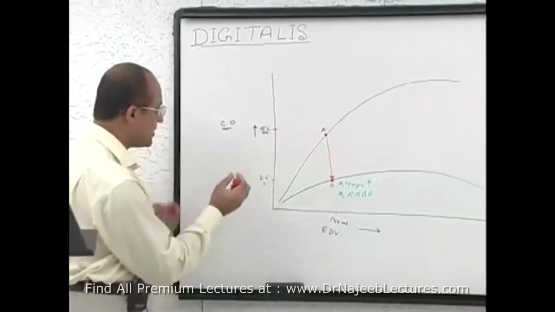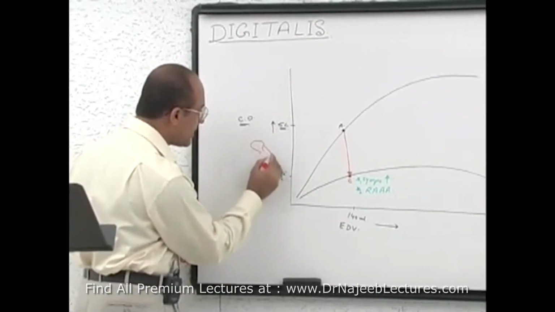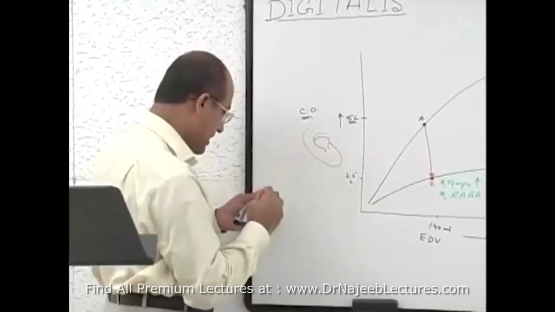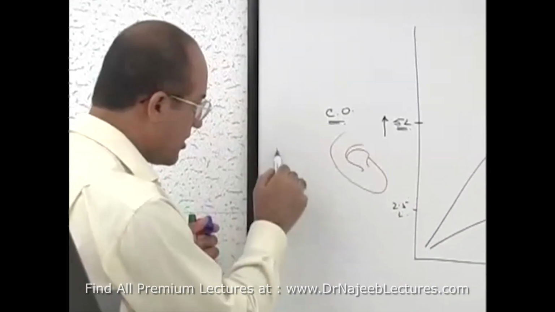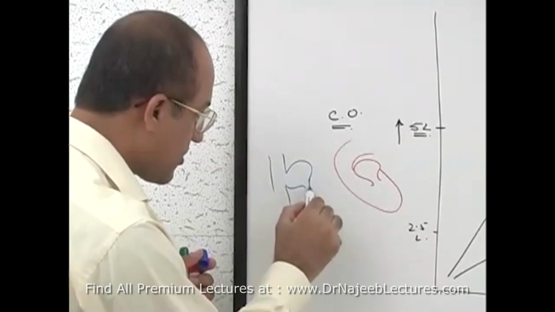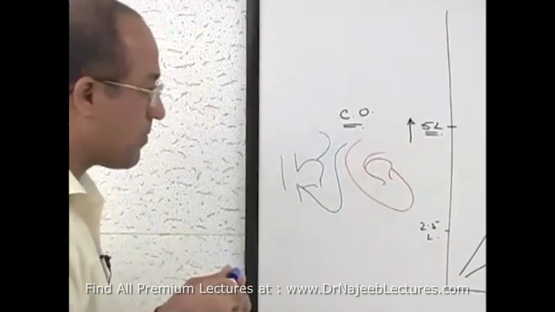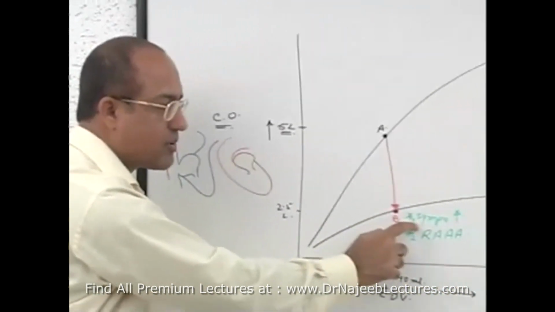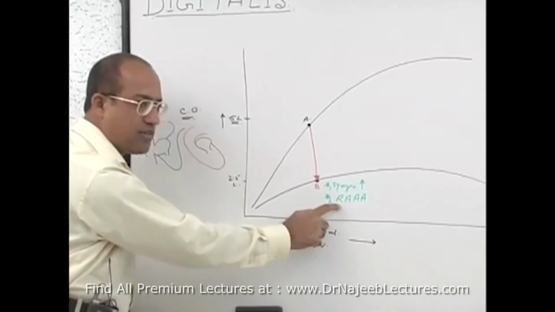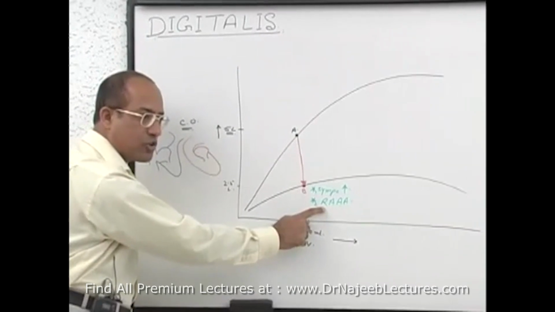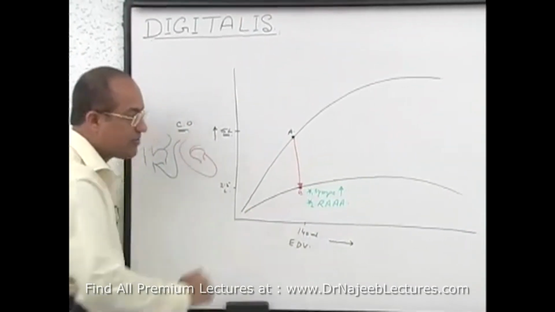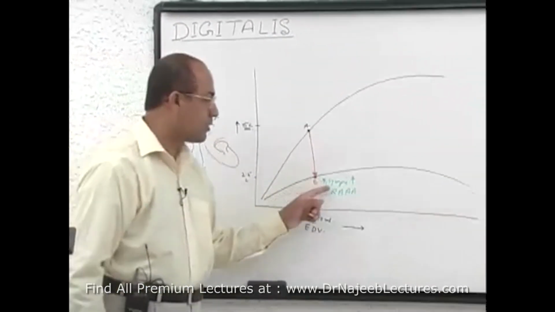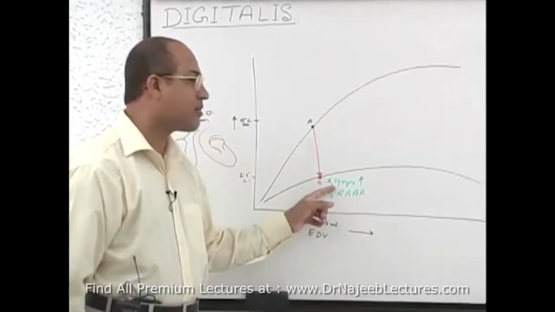Now we see what really happens. Let me draw: here is the left heart and here is the right heart. Now, what will be the impact of the sympathetic nervous system and of the renin, angiotensin, aldosterone axis in the failing heart? The sympathetic nervous system will do one thing good and one thing bad.